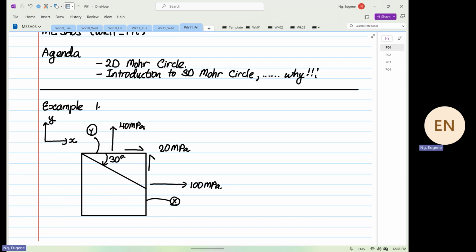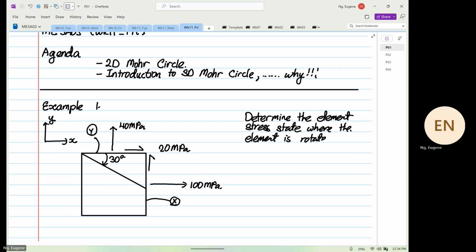So we want to determine the stress state, or the element stress state, where the element is rotated 30 degrees clockwise from the horizontal plane.